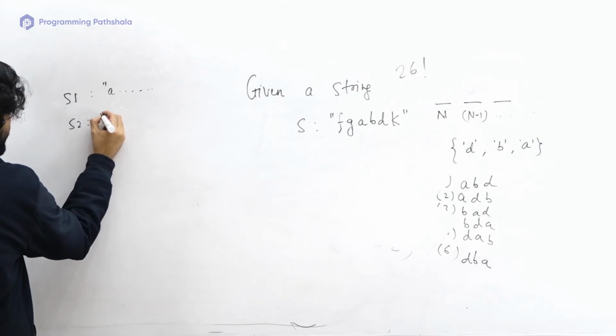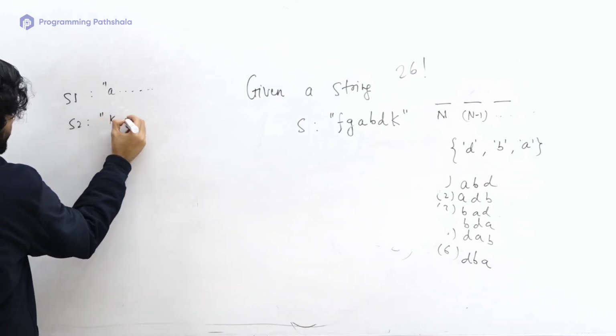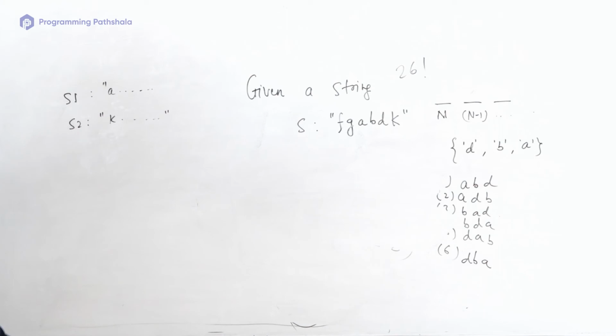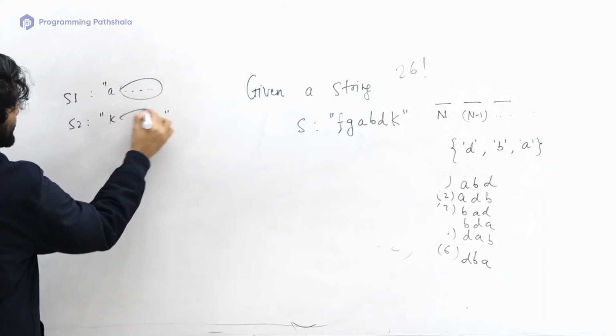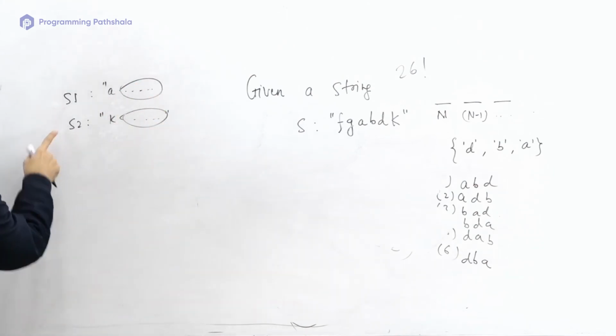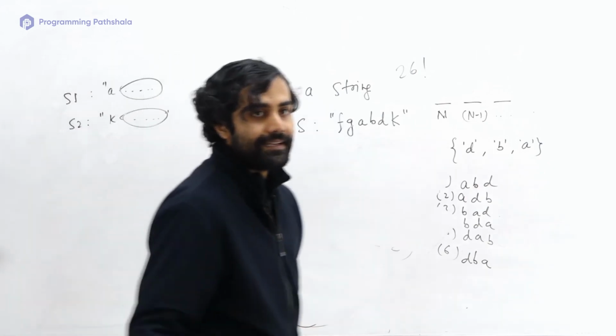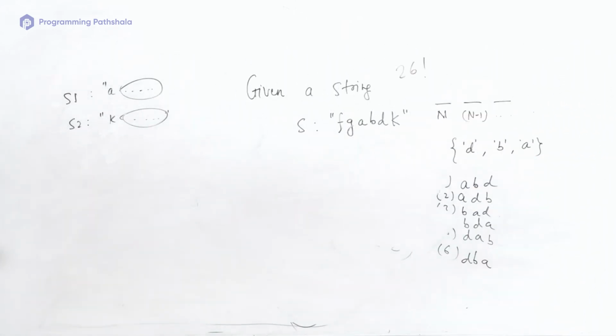And S2 is a string that starts with K. Can I say that no matter what is present here and what is present here, S1 will definitely be lexicographically smaller than S2? Can I say that? Because any string that starts with A will come before any string that starts with B or C or D or K, right? So guys, now you all should be able to realize what we want to do over here.